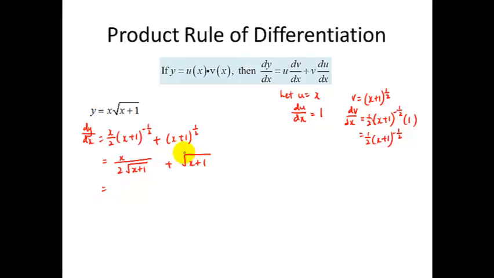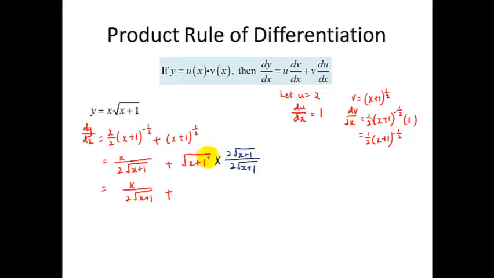What I'm going to do now is change this into a fraction involving the same denominator so that later I can combine the two fractions. And to do that, I'm going to multiply this with this so that I create the same denominator as this fraction. I leave the first term unchanged.